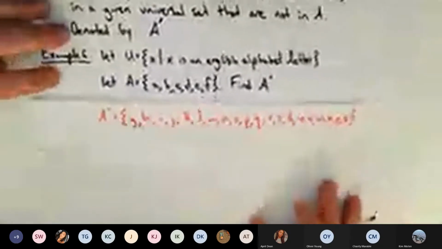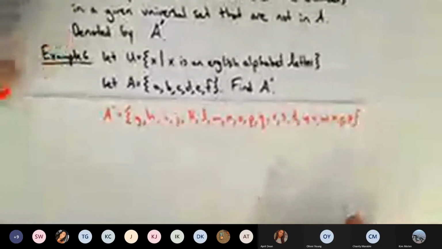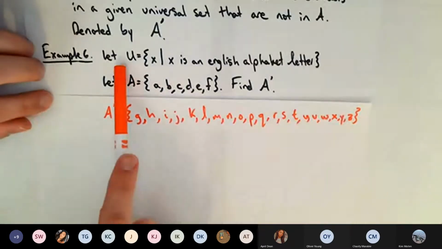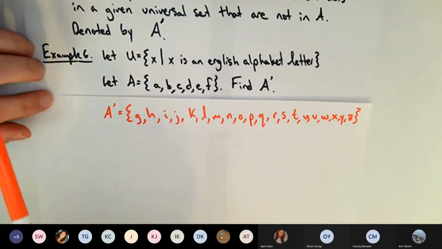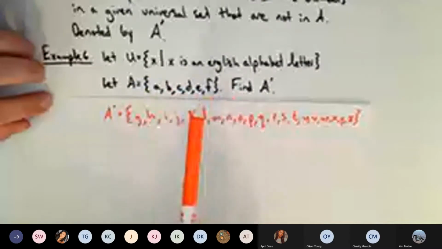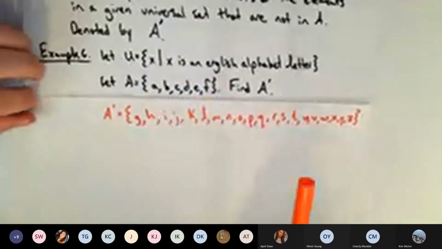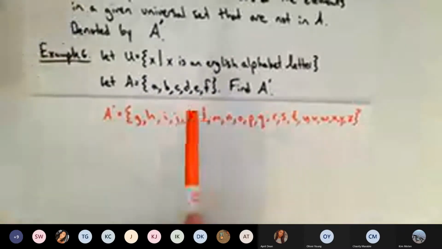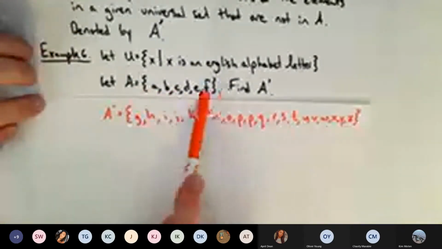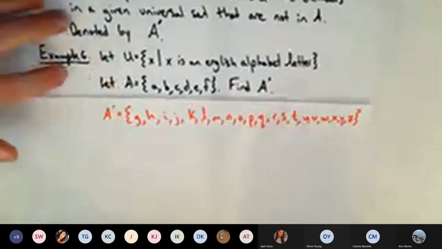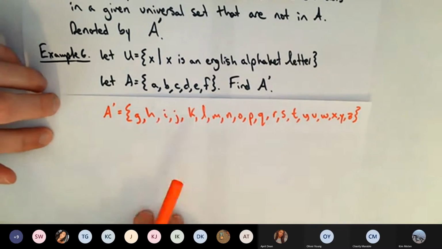Okay, so let's look back at the definition, make sure this makes sense. The complement of A is all the elements in the universal set that are not in the original set A. So basically you list the entire universal set, but you subtract out all of these elements. I just chose the first 6 letters of the alphabet to be in A, so the last 20 letters need to be in A prime.